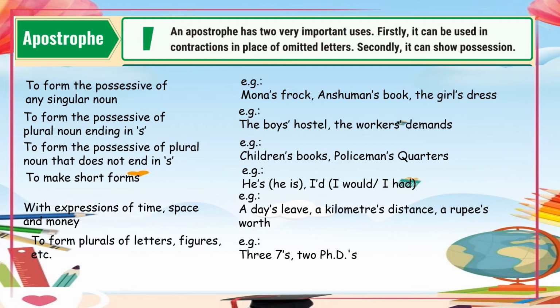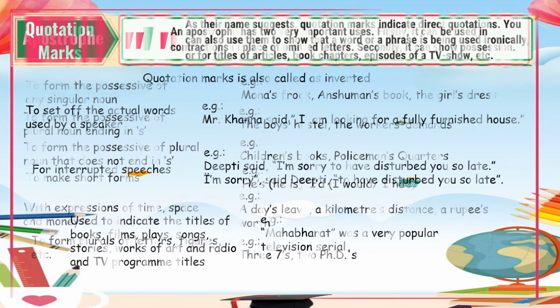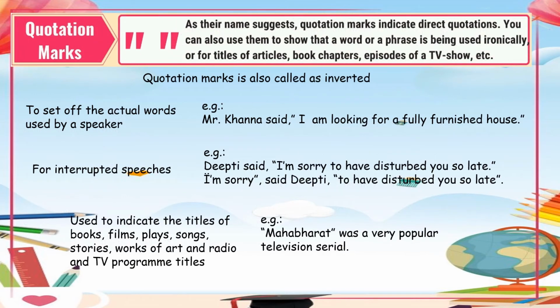Okay. Now, quotation marks, like we used in our reported speech, we saw it. I said it in inverted commas. Its another name is inverted commas. To set off the actual words by the speaker, like in reported speech, we use it. For interrupted speech also, even again it's reported but in two different ways.